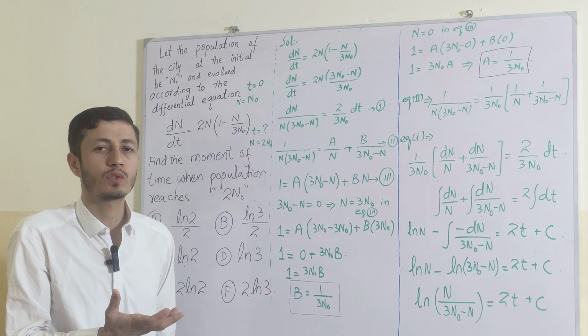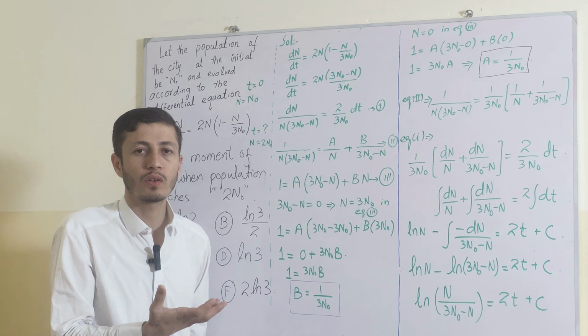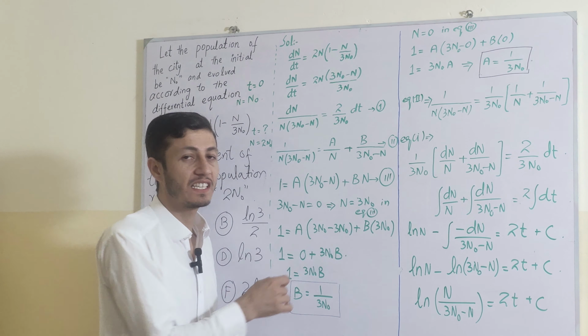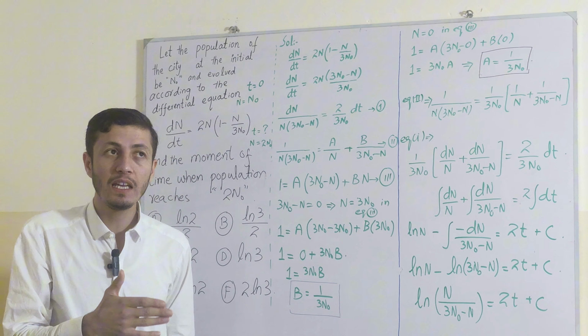Now place different possible values of n in equation 3, such as n equal to 0 and the value that makes 3n naught − n equal to 0, which gives n equal to 3 times n naught. So in equation 3, in place of n, we place 3 times n naught.